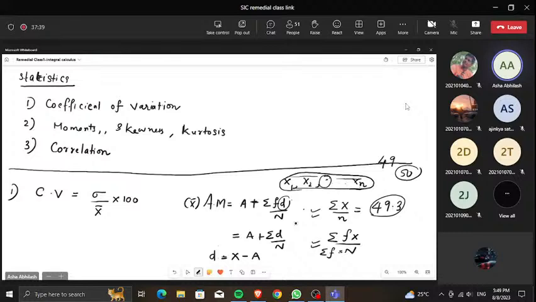Okay. Now, next is the standard deviation formula.